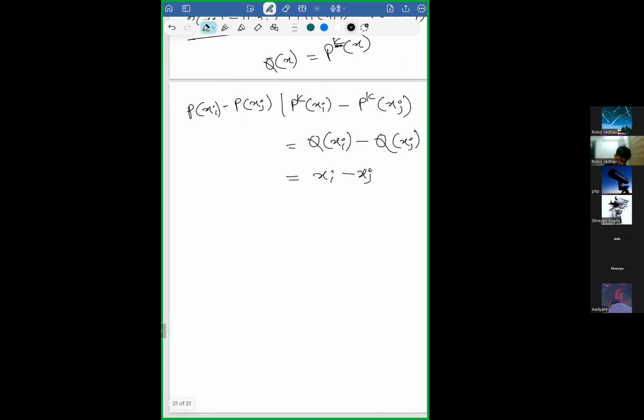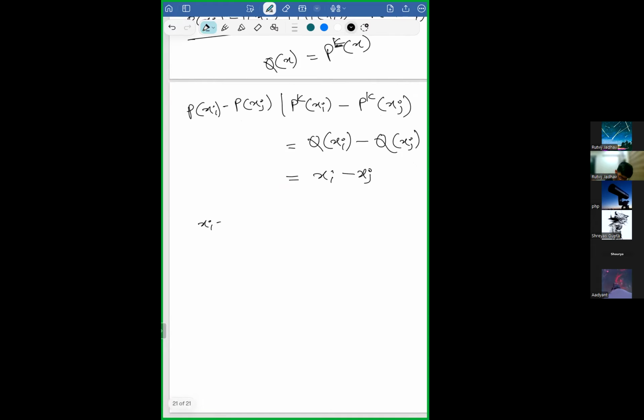But we also have that xi minus xj divides p of xi minus p of xj from the lemma I stated. The proof of this is fairly obvious.